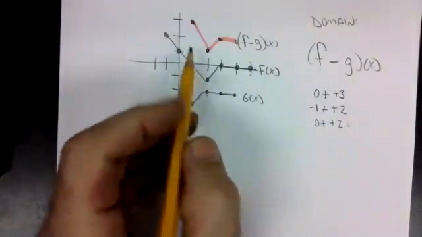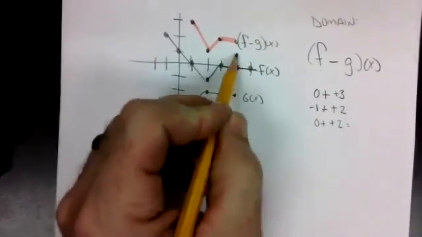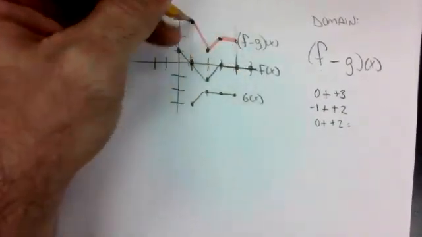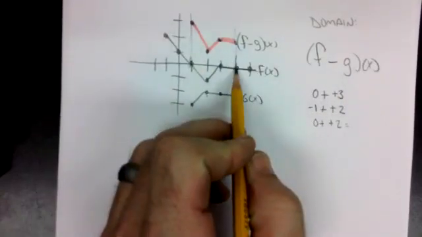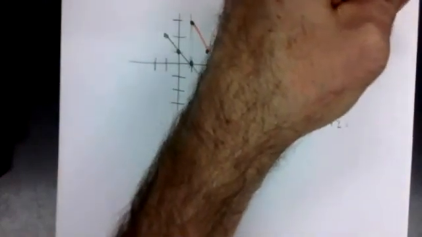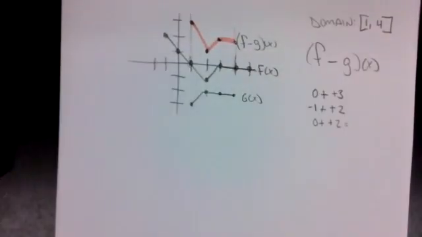And again, if they ask for the domain of this, we only have values from here to here. We never go left of 1, and we never go right of 4. So basically our domain would exist from 1 to 4.